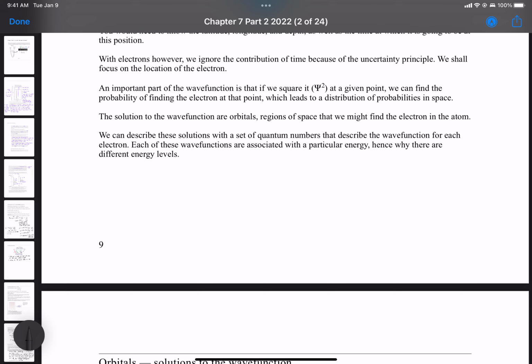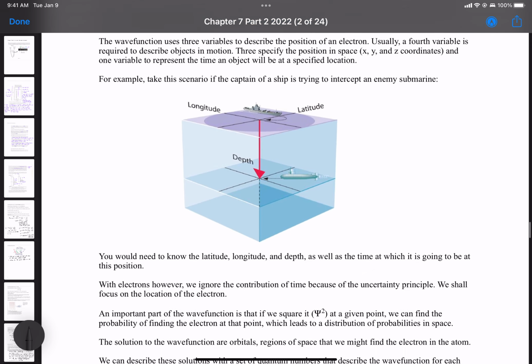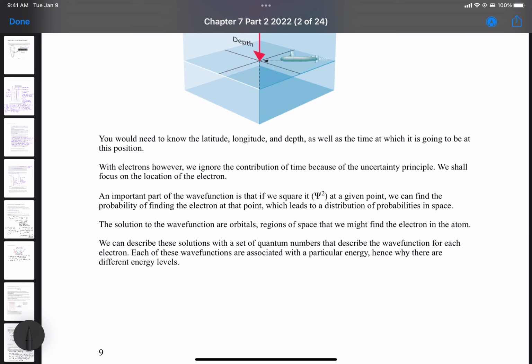So when you solve the Schrodinger equation, the solution to that is the energy, a particular energy, and this tells us why electrons have different energy levels. It's because they're located in different orbitals, and those orbitals are at different distances from the nucleus.